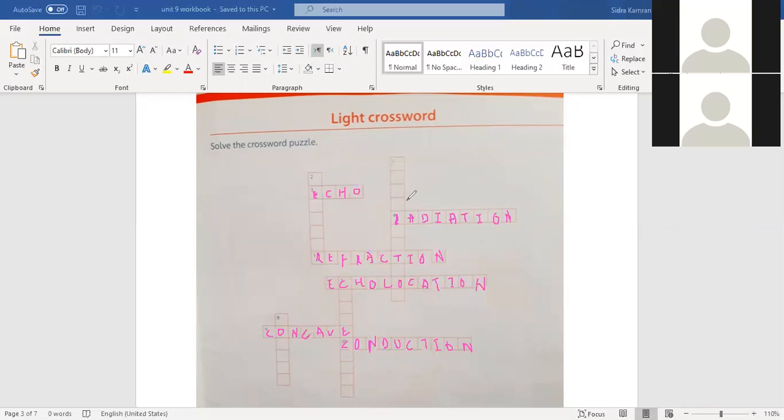Number 1 is a slight bending of light. Samir, if there is a slight bending of light, then the nature of light traveling is... Munib, can you answer this?